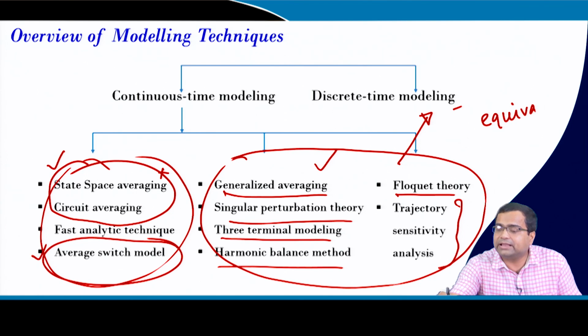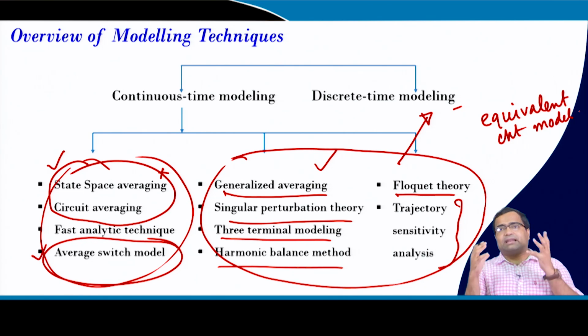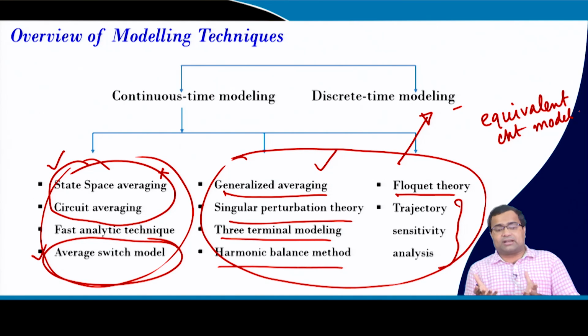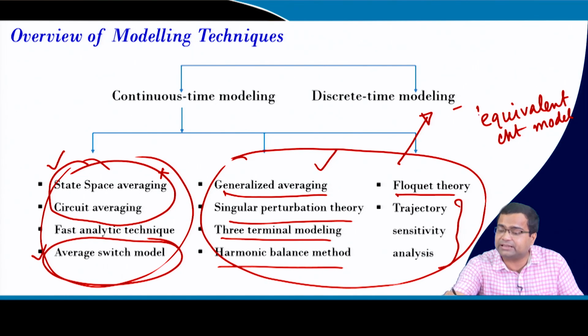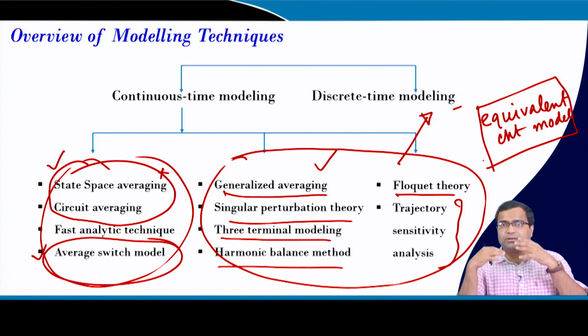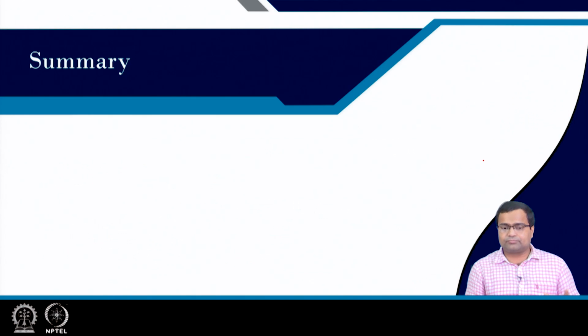That means, the equivalent circuit model can be derived either by circuit averaging technique, even using the average switch model, or can even be constructed from the state space averaging model. But if you can represent it in terms of an equivalent circuit, then you will get a lot of insight in terms of impedance, in terms of control to output transfer function and so on, which will give you a lot of physical insight, design insight.